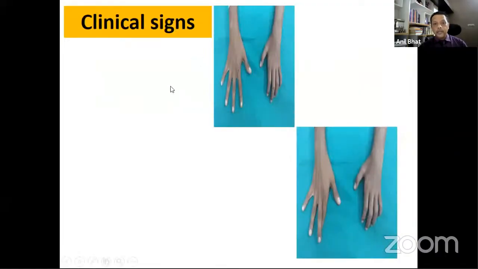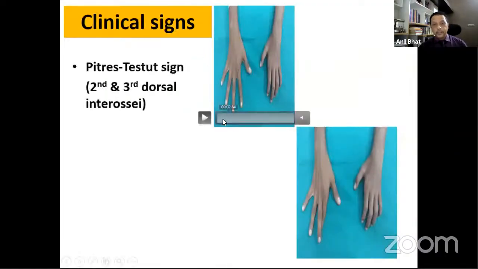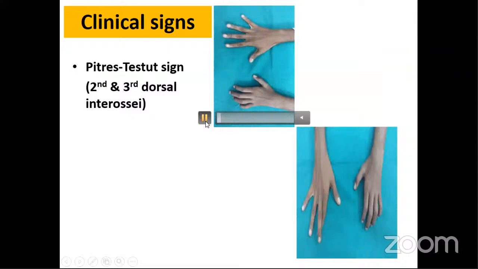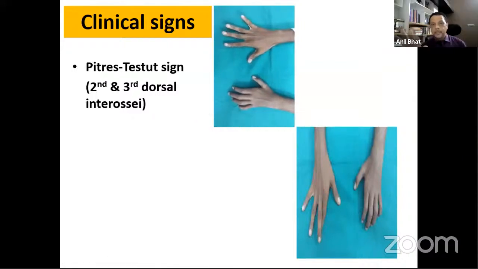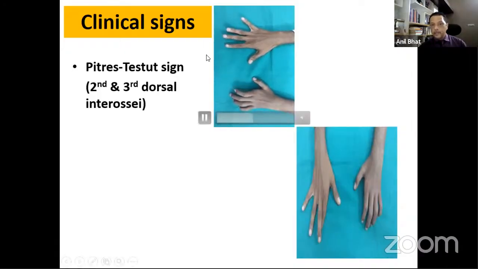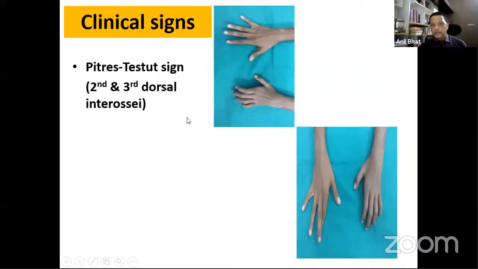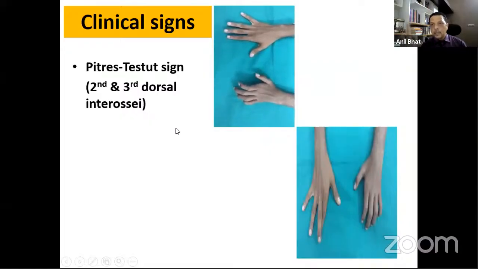And then you come down and do a couple of tests. This test, the Pitres-Testut test, is basically to check this. You have the middle finger kept on a tabletop, and that is a normal hand which is shown here. Then you ask them to abduct and adduct, and that's lost because the second and third dorsal interossei are paralyzed. So it's a simple test for you to check how the interossei are paralyzed.